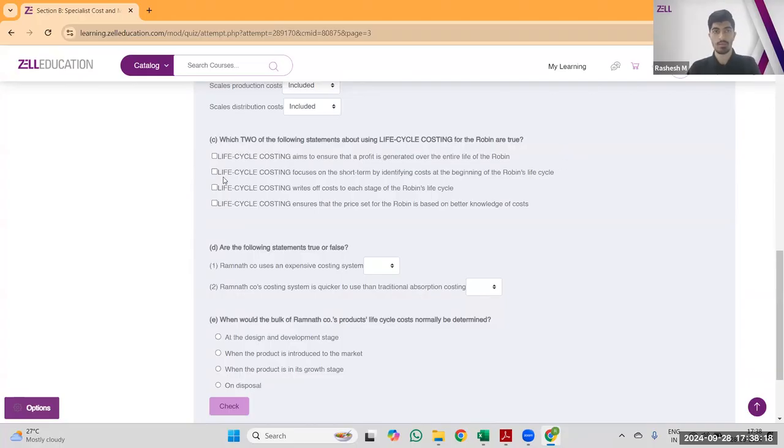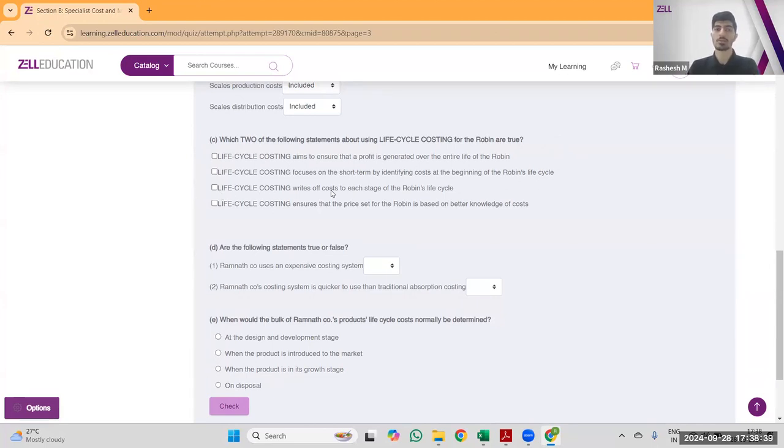We'll come back. Life cycle costing focuses on the short term by identifying costs at the beginning of the life cycle. False. Even the costs at the very end. Life cycle costing is known as a cradle-to-grave method, start to end.